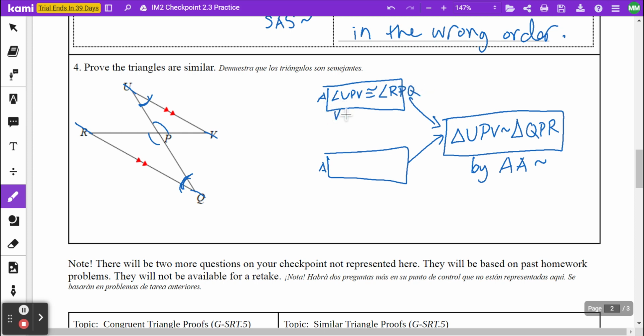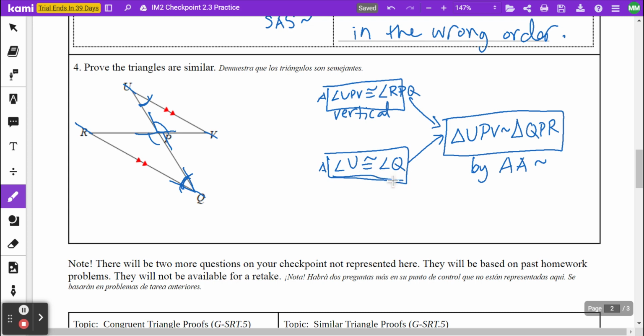And I know because those are vertical angles. For my other angle that I'm doing, I'm going to say that angle U is congruent to angle Q. I don't need three letters this time because it is not ambiguous. If I say Q, there's no other angle I could be talking about. I can't call the one above P because I could be talking about two angles. So I need three letters for the vertical.